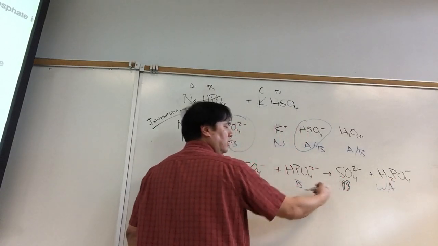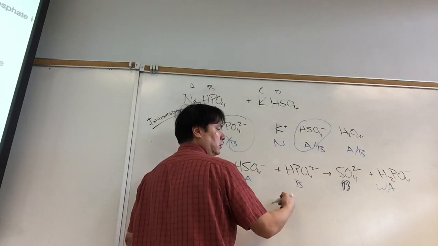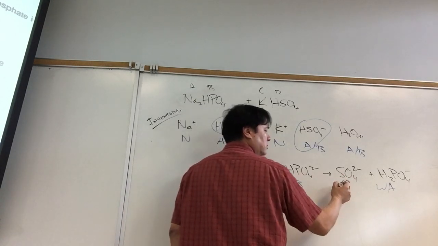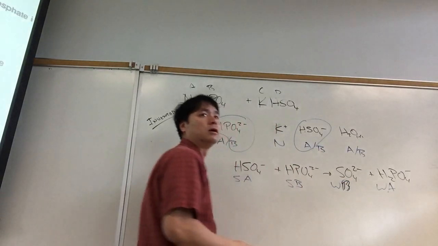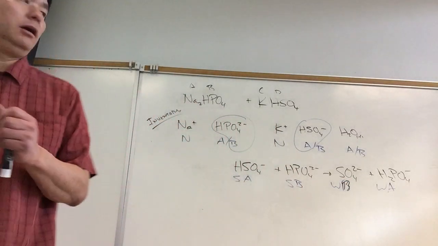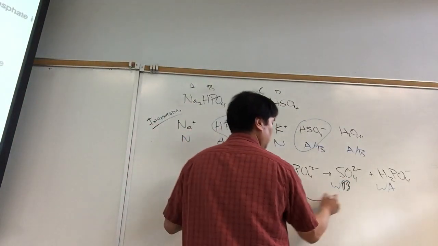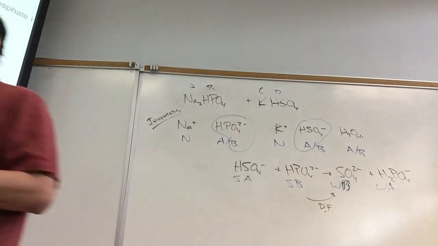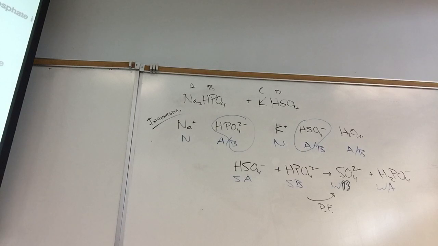The bases have to follow, so looking at the chart there, HPO4 2 minus is stronger, sulfate is weaker. And so again, we have a driving force. So there was no metathesis reaction here, but there is an acid-base reaction that occurs between these species.